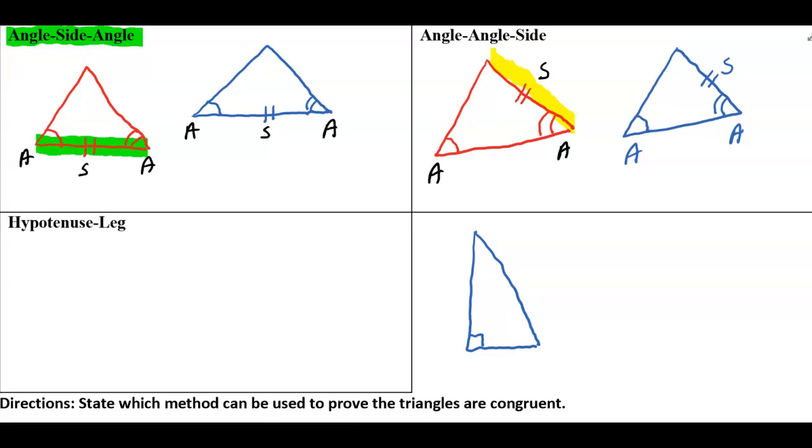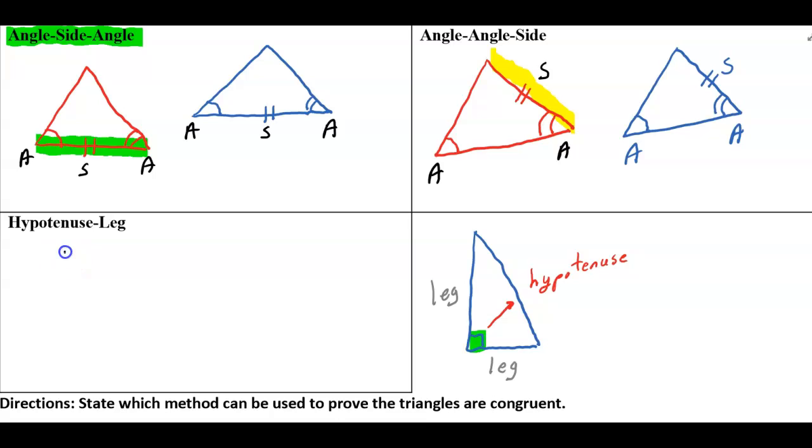You have to have a right angle. Across from the right angle is always called the hypotenuse. And the other two sides that are attached to the right angle are called legs. So a little bit of vocabulary. Hypotenuse is always across from the 90, and the other two sides are called legs.